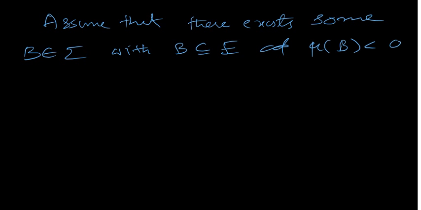Suppose it has some measurable subset with measure negative. Now by Zorn's lemma we can choose the maximal collection.